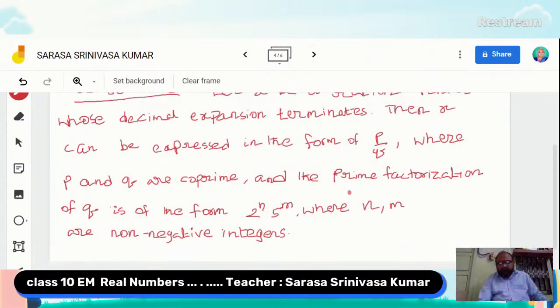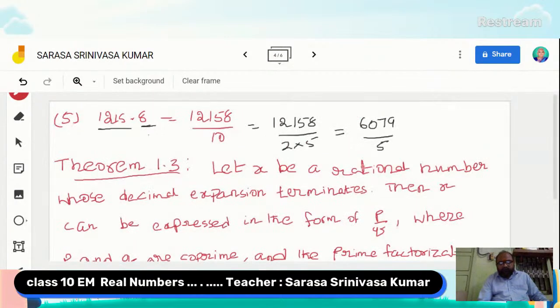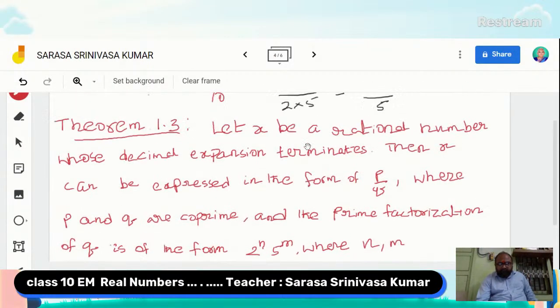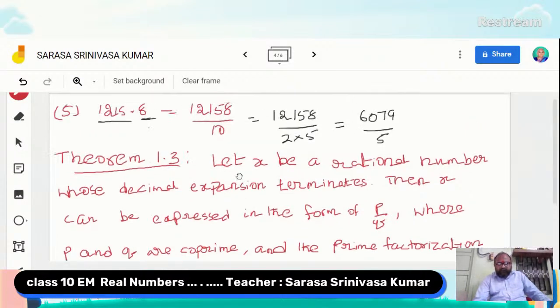So let us consider the problems which we have discussed earlier. Now in this theorem, what is the statement? x is a rational number expressed as a decimal number which terminates.